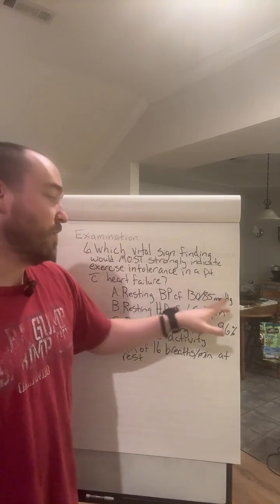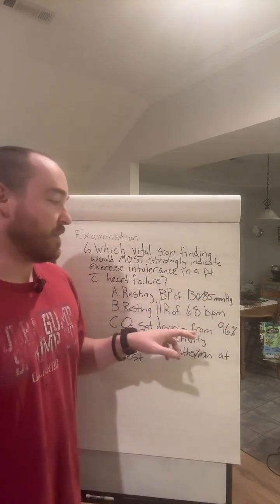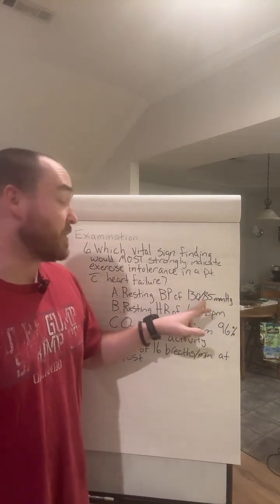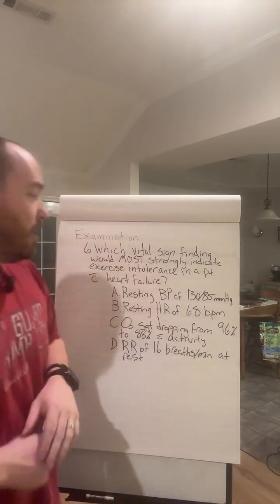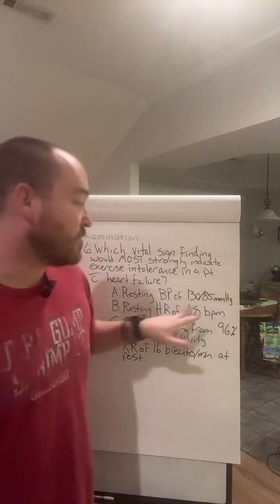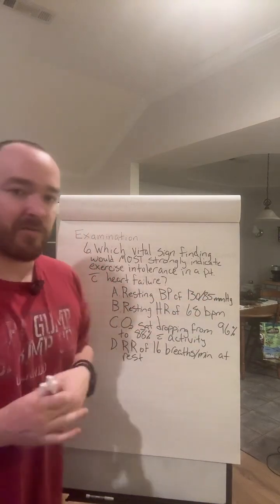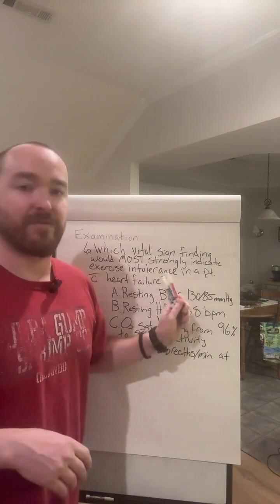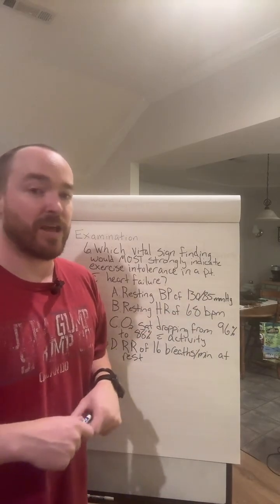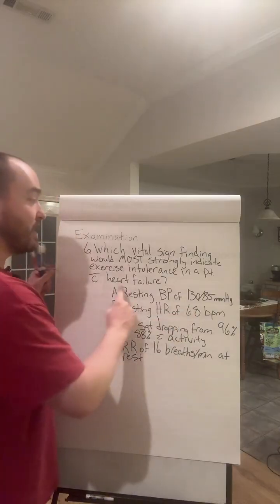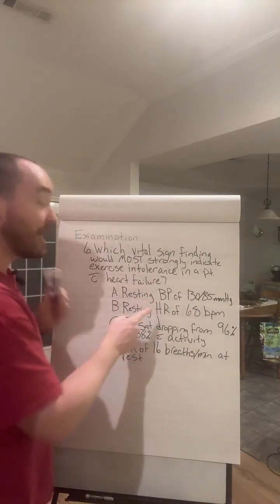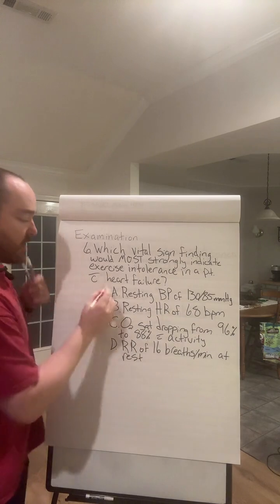Diastolic shouldn't rise that much, and that gives about 50 points of systolic before I'd say we should probably chill. If their resting blood pressure is 130/85, that's not really concerning to me. I'm not worried about them having a stroke or being in the middle of a cardiac event. So this is not going to strongly indicate exercise intolerance. So we'll say not A.